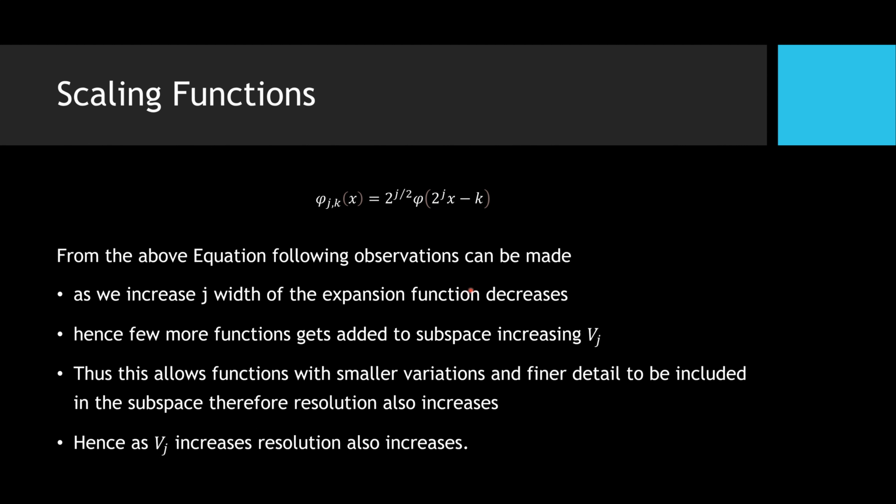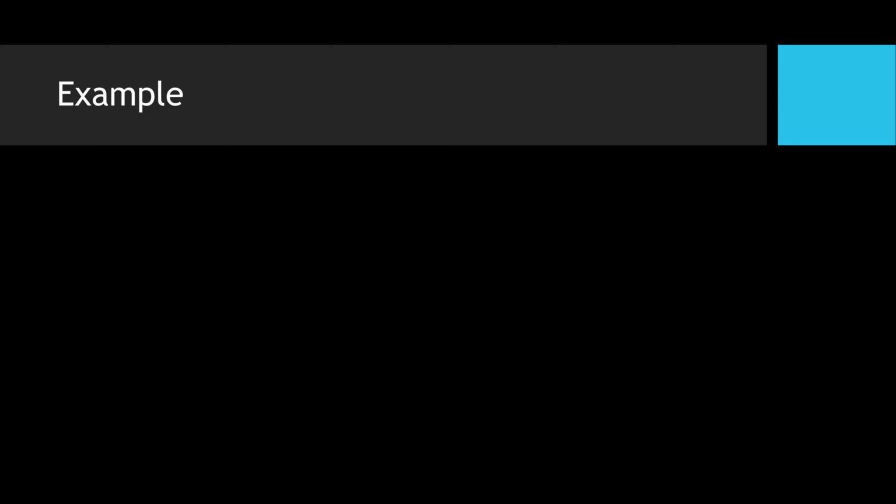Hence, as Vj increases, resolution also increases. So how will Vj increase? If the j value increases, the expansion function width decreases, which increases the subspace Vj. As the subspace Vj increases, the resolution also increases.